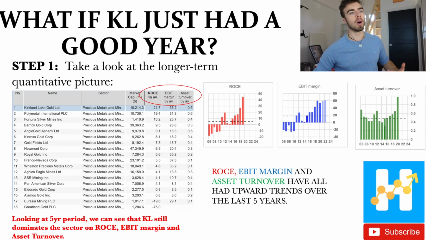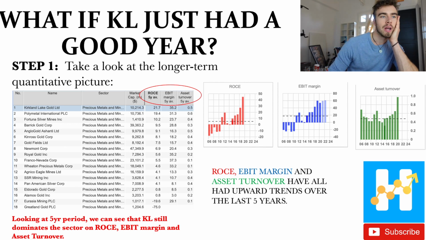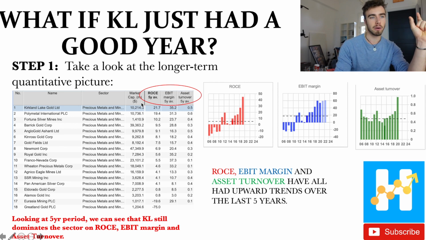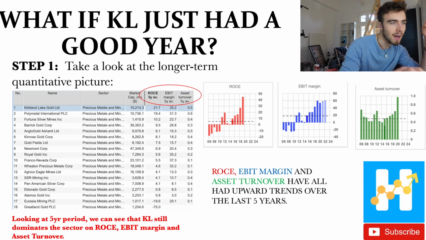Okay, so step one, take a look at the longer term quantitative picture. This time we've done exactly the same thing, but we're looking at return on capital employed, EBIT margin, and asset turnover over a 5-year period. And again, Kirkland scores very high. Return on capital employed, it smashed it at over 20%. EBIT margin, almost the highest of the group after, what was it, Franco Nevada.